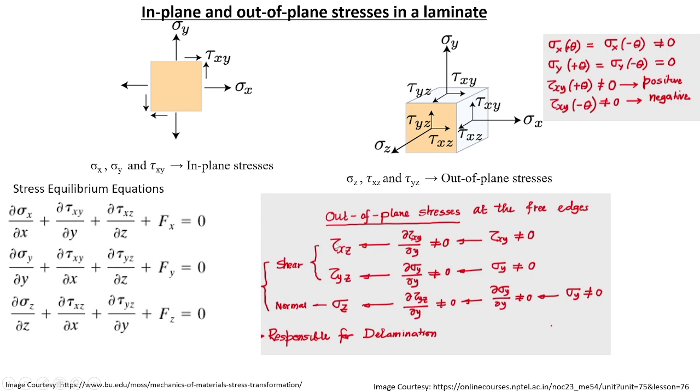So we won't get any value of tau xz, but there will be stress in y direction. So out of plane stresses, that is tau yz and stress in z direction, we can find for 0/90 laminas. Whereas when it has some angle, then these are the properties that are followed for a laminate which has fibers aligned in certain angles.